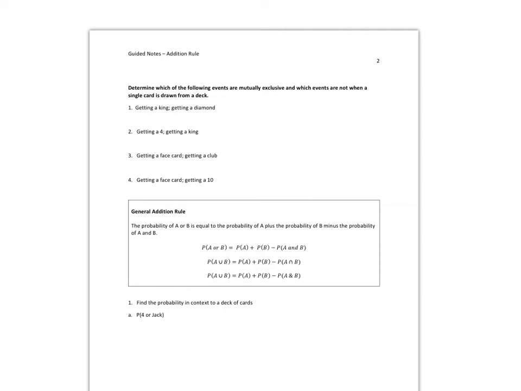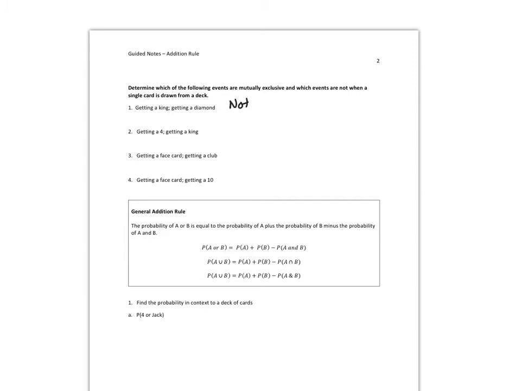And what is the probability of getting a king, getting a diamond? Could that happen at the same time? Could you get a king and a diamond by pulling out one card? And the answer is yes. You could get a king of diamonds. So these are not mutually exclusive.